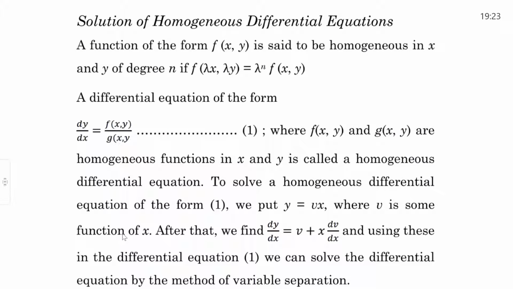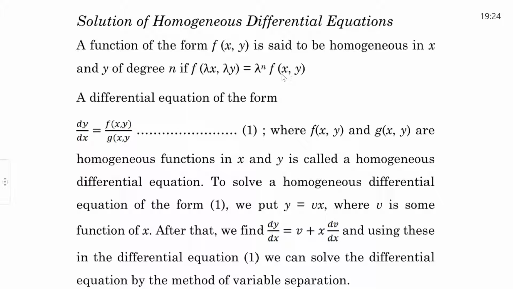So you see the definition here: a function f of x y is said to be a homogeneous function in x and y of degree n if f of lambda x, lambda y is equal to lambda power n into f of x y. If a function satisfies this relation, it is called a homogeneous function.